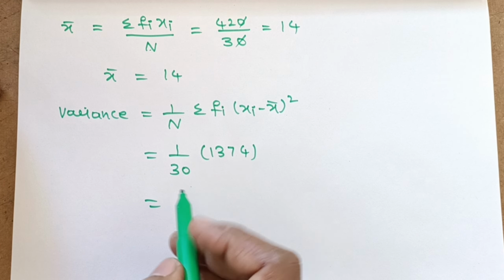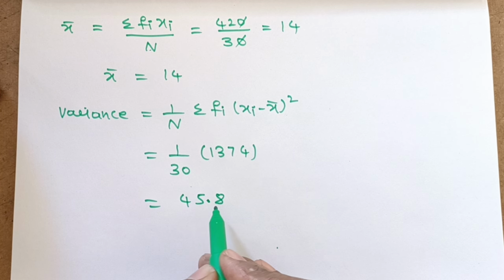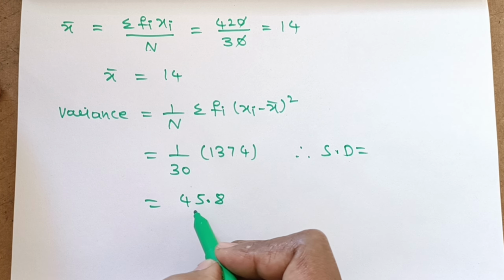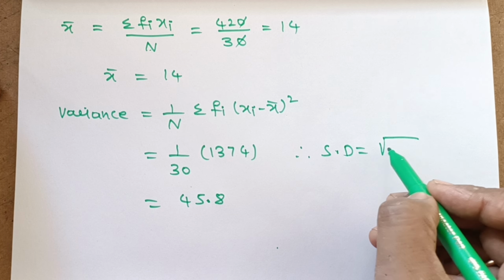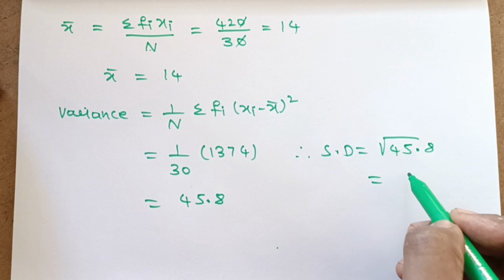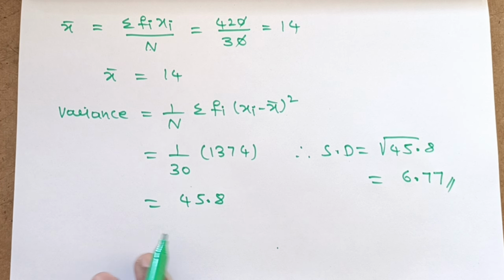Now we can calculate this. You will get 45.8. So this is the variance. Therefore standard deviation is the square root of the variance, that is square root of 45.8, which is approximately 6.77. So this is the variance and standard deviation.